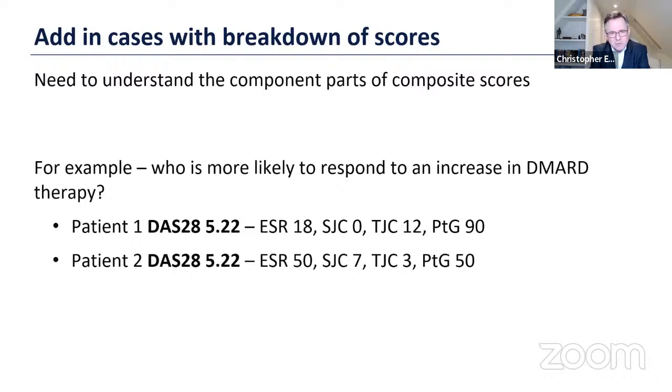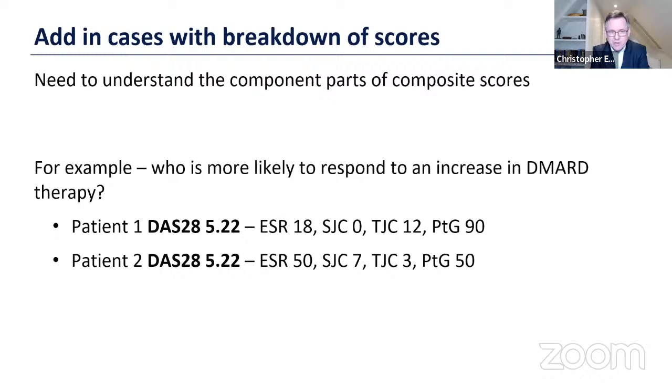So here's another example. I've just played around with some imaginary figures here. Here's a DAS28 of 5.22 in 2 patients, so severe disease activity. The top one, patient 1: ESR 18, so lowish ESR, swollen joints none, tender joints loads, patient global assessment 90.